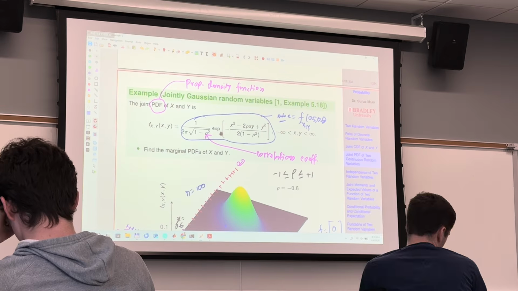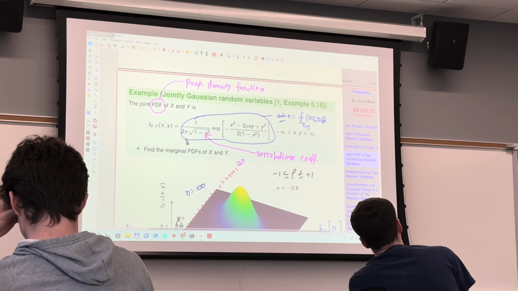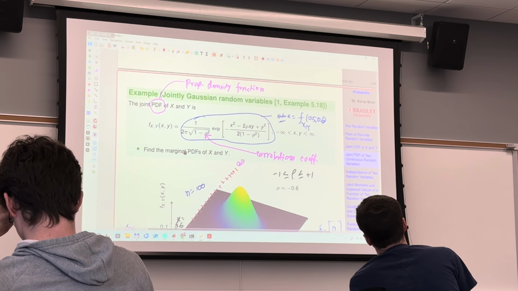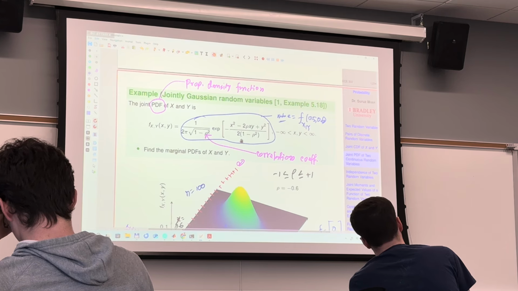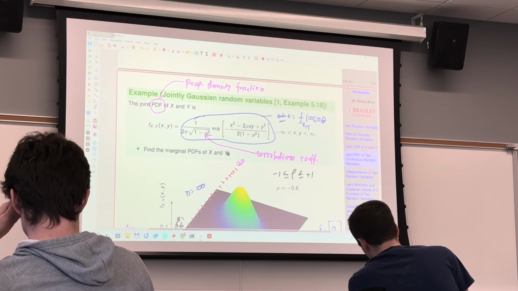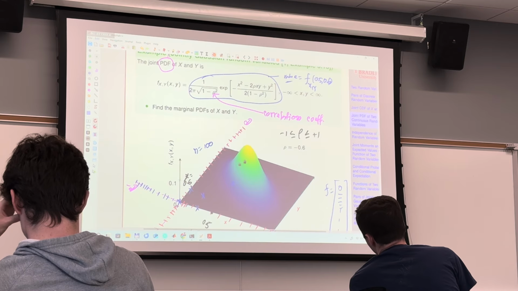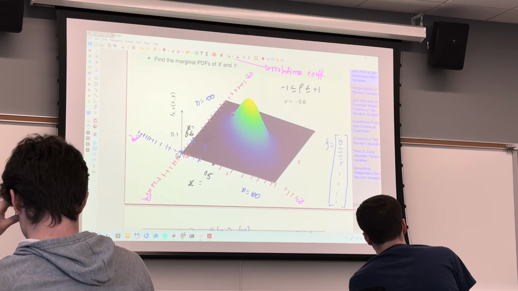So this version is very important. Some built-in joint PDF functions actually implement this one. And you can choose different mu and variance, and you can shift the mean and variance of this joint PDF by choosing different mean and different variance of random variable x and y.